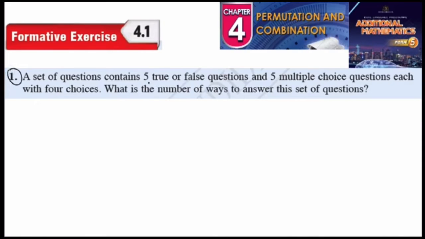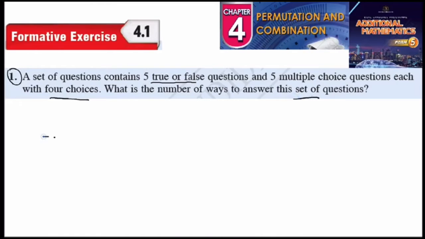Formative exercise 4.1. A set of questions contains 5 true or false questions and 5 multiple choice questions, each with 4 choices. What is the number of ways to answer this set of questions? So let's solve this question.